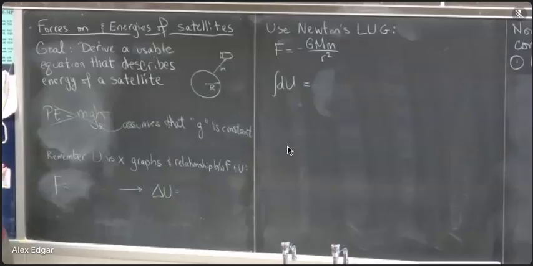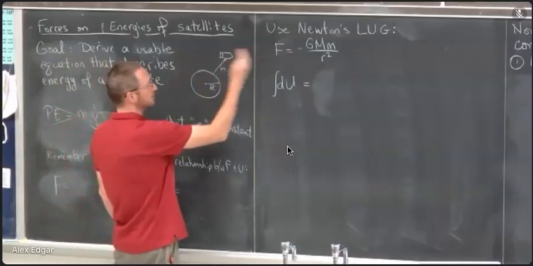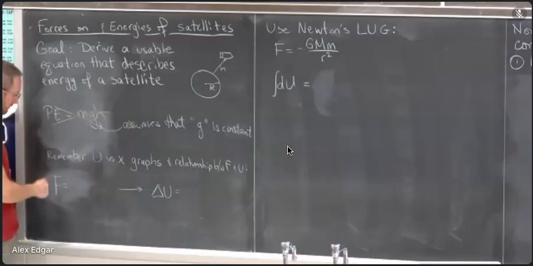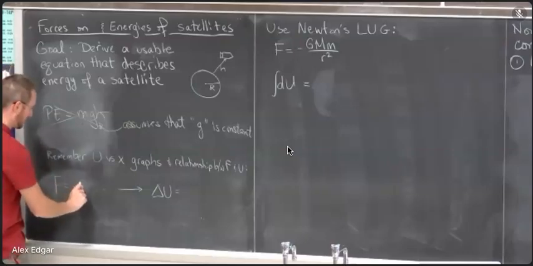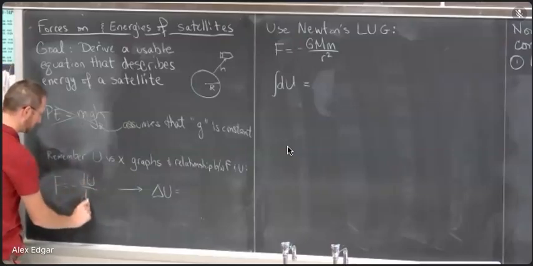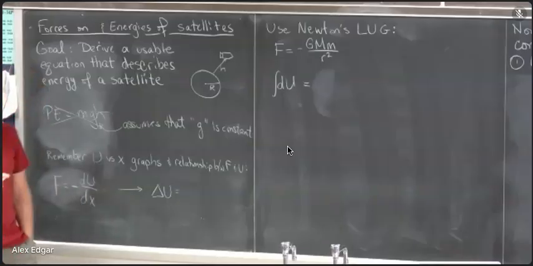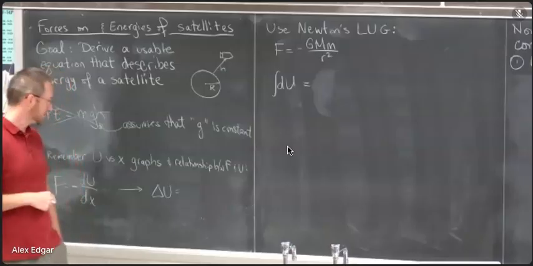What we're going to end up using is the combination of Newton's law of universal gravitation and the relationship between force and potential energy that we discussed before when we looked at potential energy versus position graphs.